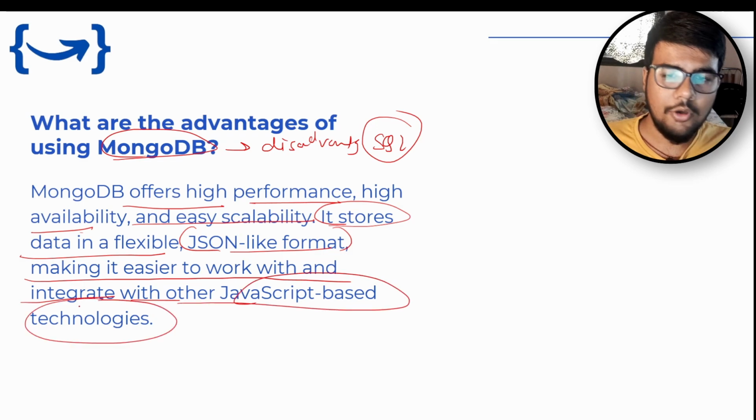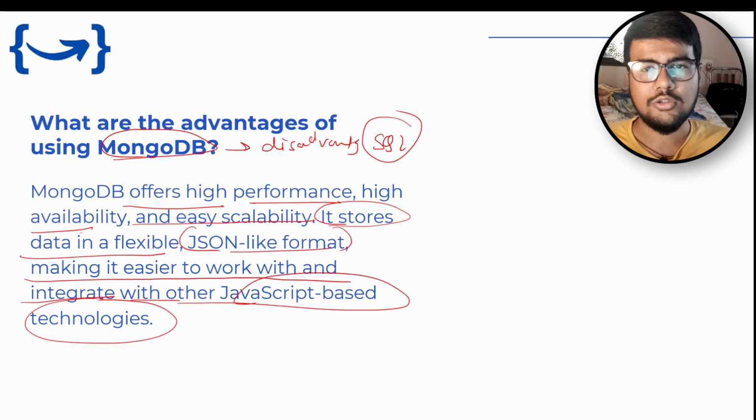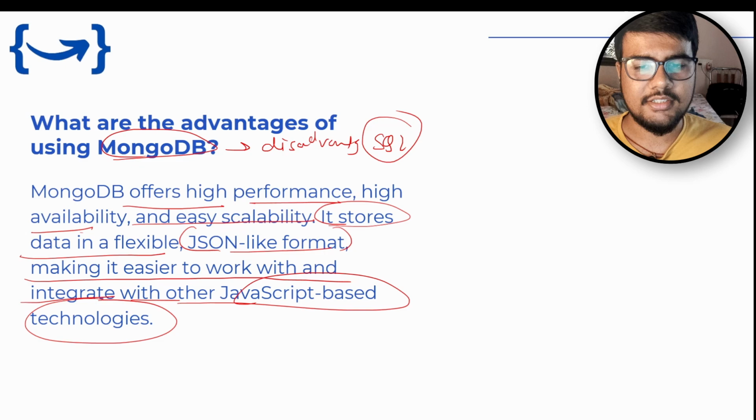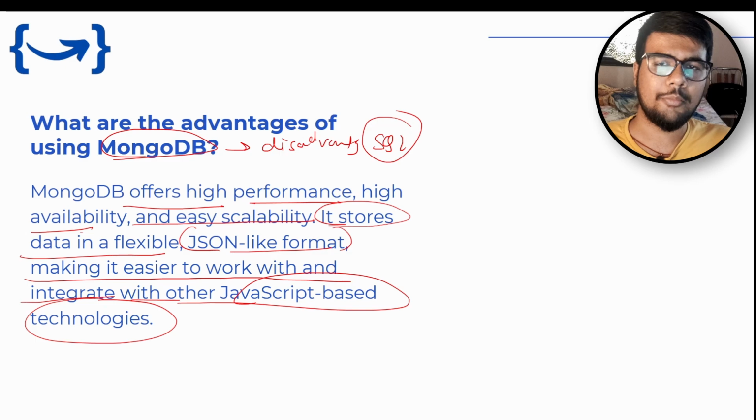MongoDB offers higher performance as it is NoSQL. It generally has higher performance compared to relational databases, easy scalability, and stores data in a flexible JSON-like format. This would be a basic way, so you should be aware of it when you are speaking about this question.